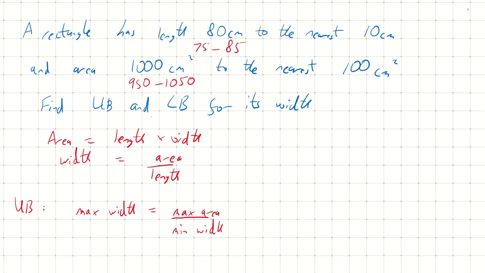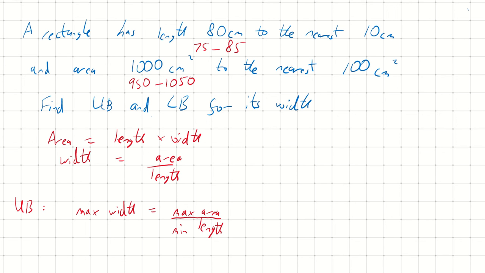This is a key point that people get wrong. Just because we want the max width doesn't mean we want the maximum area, maximum length. Sorry, I wrote width here, and that should say length. We have to look at the formula.